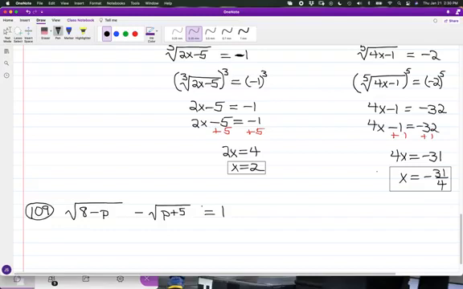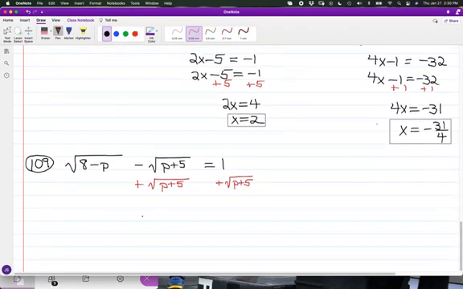I can just move the square root of p plus 5 over by adding, and upon doing so, I have the square root of 8 minus p is equal to 1 plus the square root of p plus 5, and I can free up the 8 minus p upon squaring both sides of the equation.